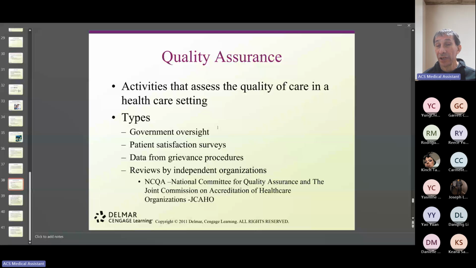And if you weren't satisfied, because you're going to give a grade about it, then this is going to go to the hospital committee of ethics. It's going to go to the government and certain organizations like the Joint Commission, the National Committee for Quality Assurance, and so on and so forth.